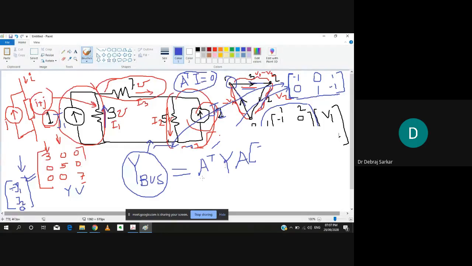Everyone solve it for me. You know A transpose is this, Y is this one, and A is, yes, I just rubbed it out. Just try it for a minute.